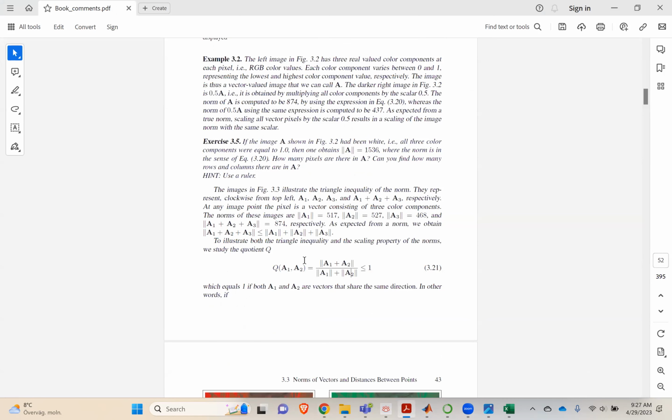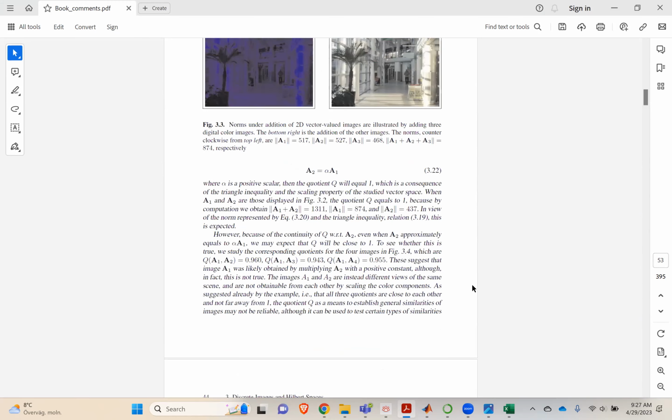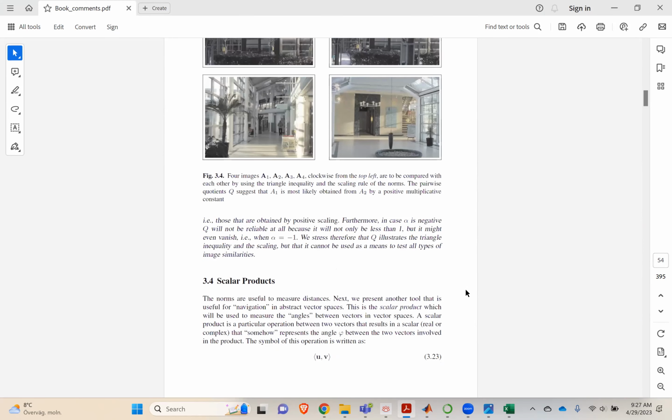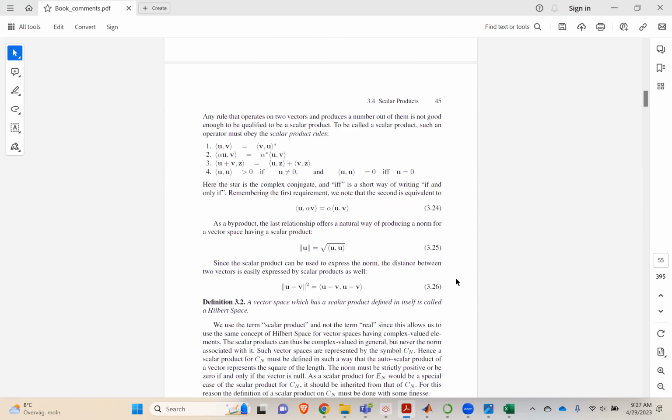I will go back. The norm, actually, we don't need to spend much time on. So we can directly go into the different topics. The main thing is the scalar product, the Hilbert space. The Hilbert space, this property is the main thing.